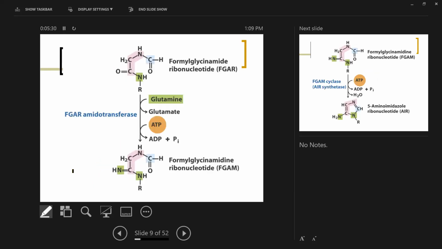So you have FGAR aminotransferase. And that will give you formylglycinamidine ribonucleotide, or FGAM. This enzyme is also sometimes called FGAM synthetase.